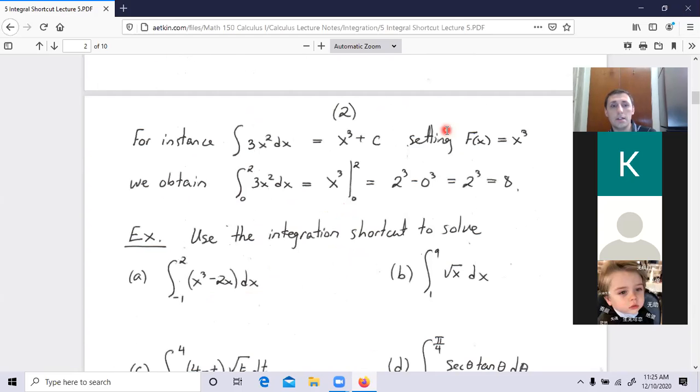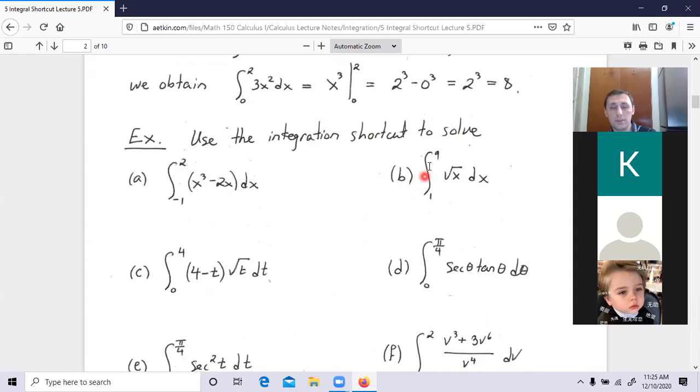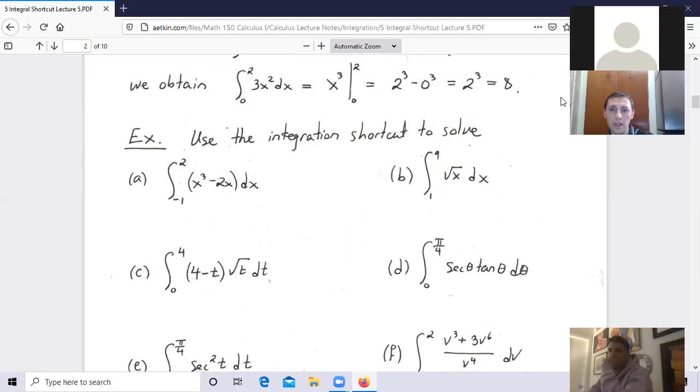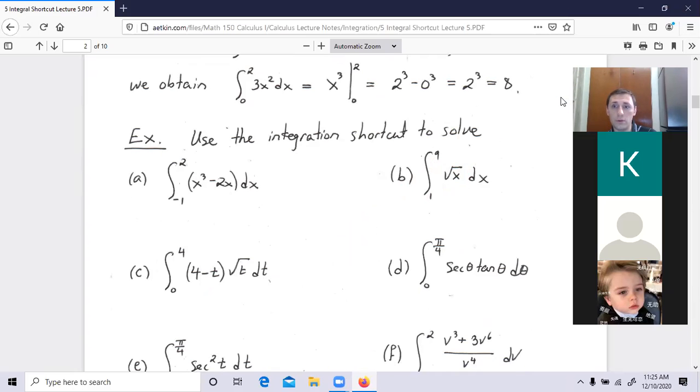Here is another example. Please evaluate B. So try to see if you can do it very fast. B, integral from 1 to 9 of root x.